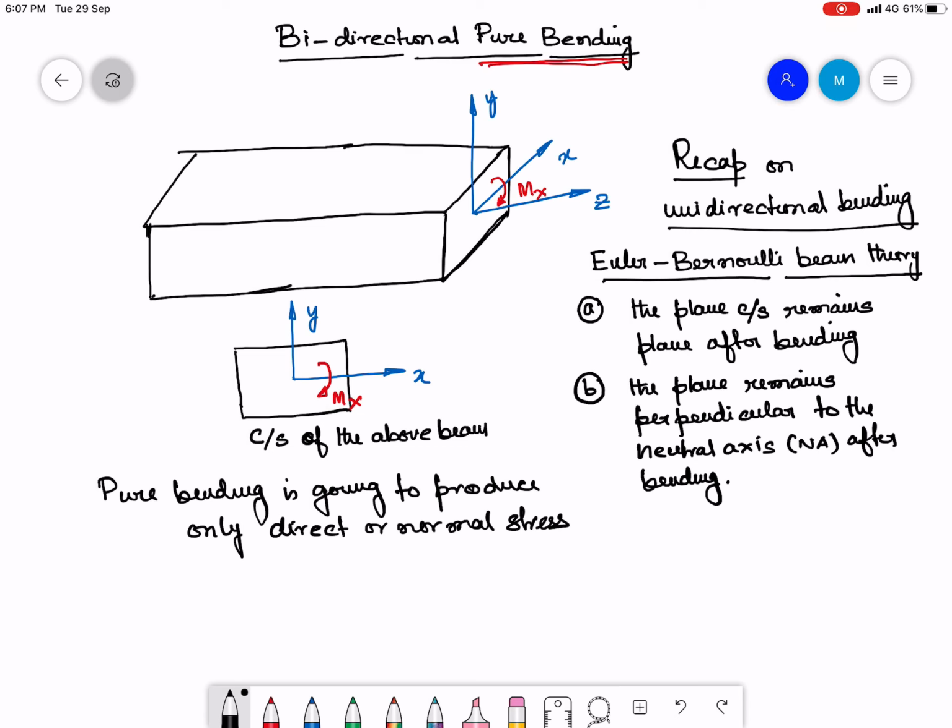That is another important point that you should recap before we move into bidirectional bending. Okay, so with this recap, we will move into the topic of today's lecture, that is bidirectional bending.